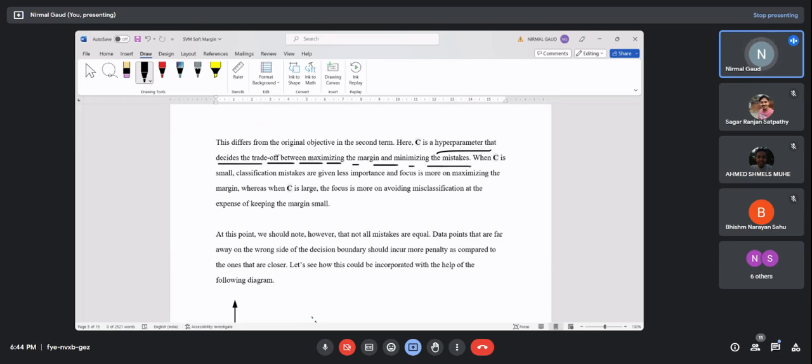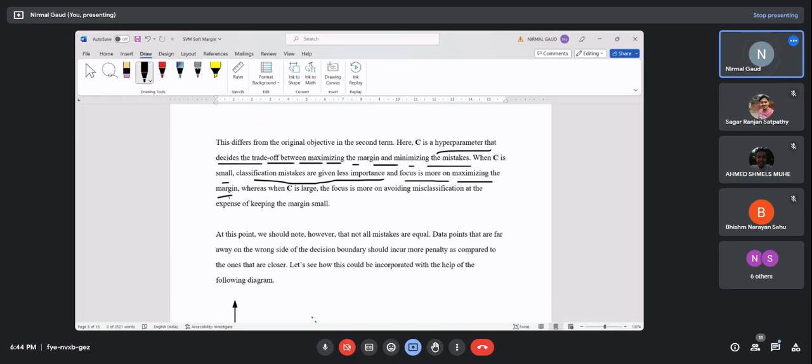Okay, we have to maximize the margin also, but we need to take care that errors, mistakes should also be less. So when the value of C is small, that means classification mistakes are given less importance and focus is more on maximizing the margin.